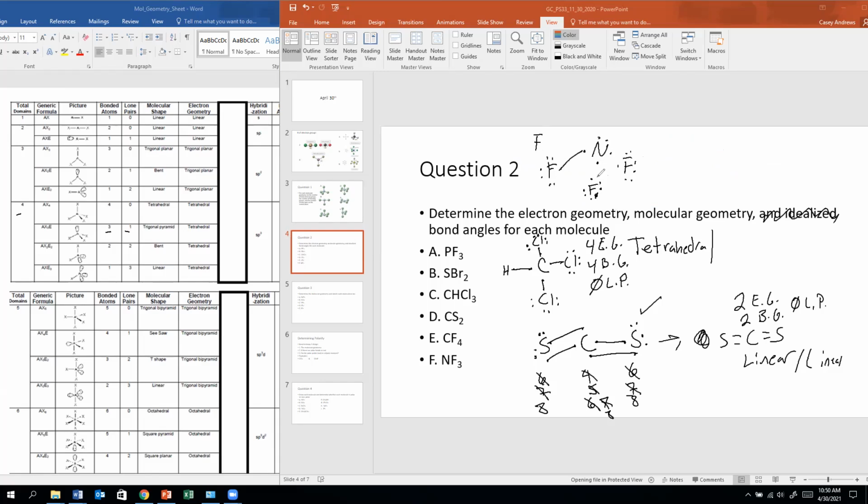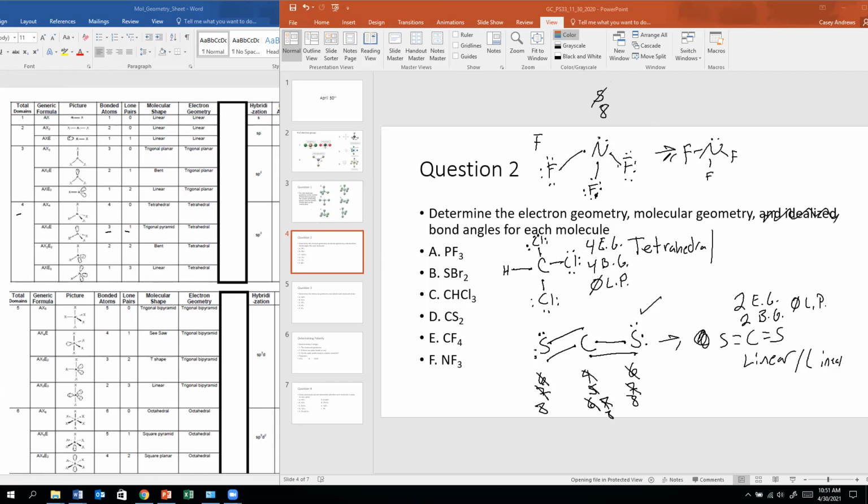So 3 bonds, right? Because originally nitrogen has 5, and to get to 8, you just make 3 bonds. Fluorine had 7, so to get to 8, you just make 1 bond. So this is, draw it a little bit neater there.